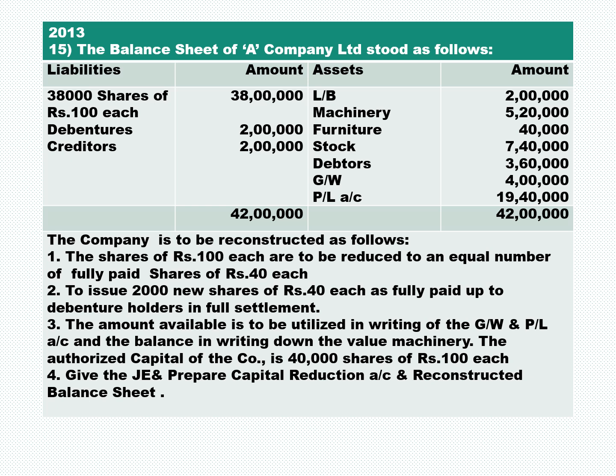The amount available is to be utilized in writing off the goodwill and PL account, and the balance is written down with the value of machinery. The authorized capital of the company is 40,000 shares of rupees 100 each. Give the journal entry and prepare capital reduction account and the reconstructed balance sheet.